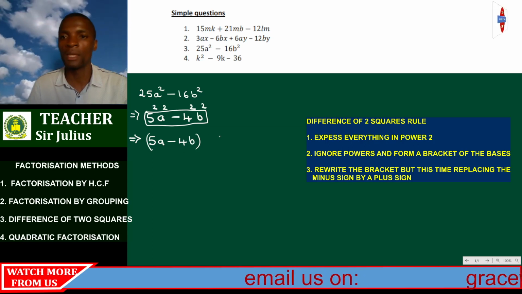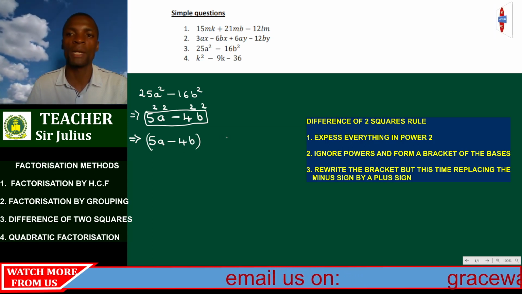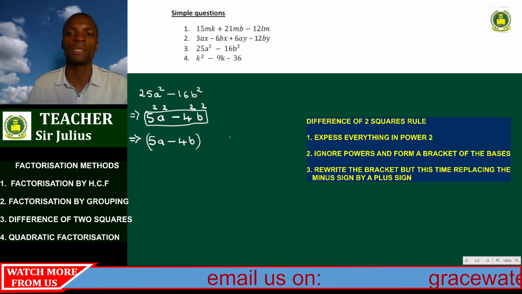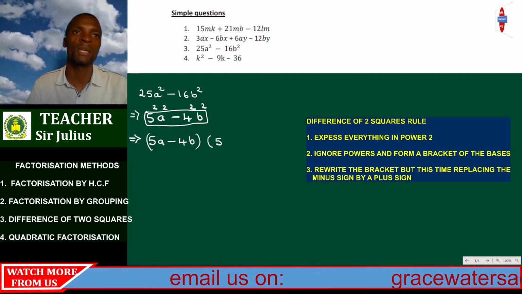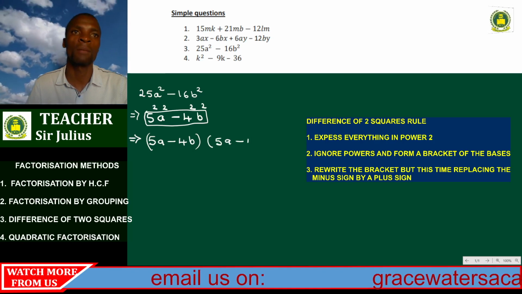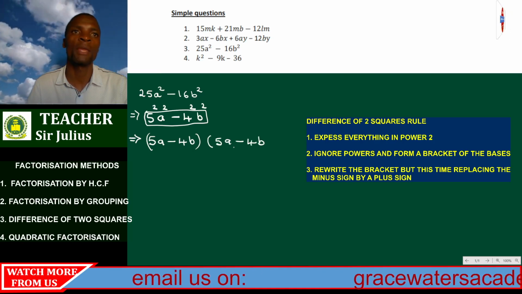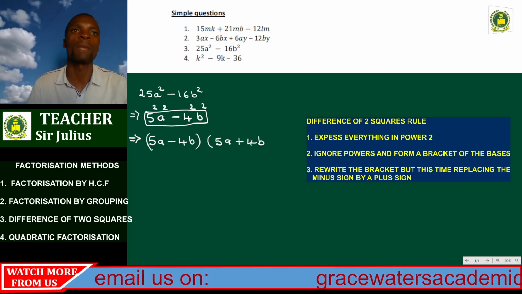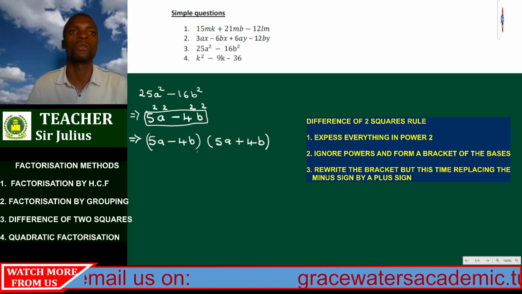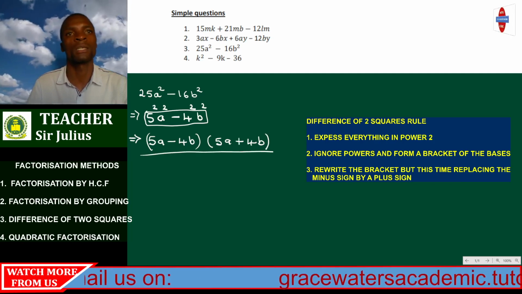But then the third stage is saying rewrite that bracket, but this time replacing the minus by a plus. So we open another bracket and rewrite it as 5a, and then we are not going to put a minus, we replace the minus by a plus 4b. Then we are good to go. This is how we factorize difference of two squares.